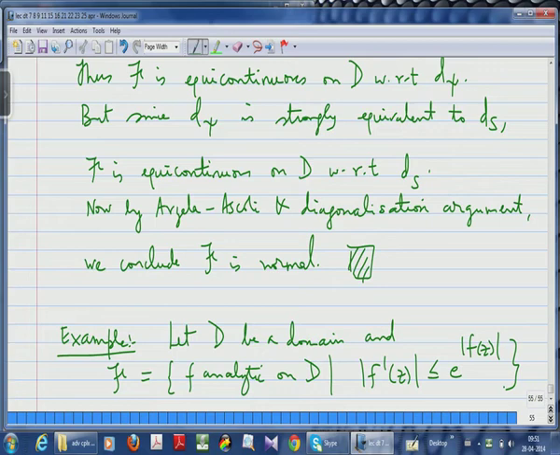Now this family is normal, because here e power mod f is the function e power t, and e power t is of course a smooth, increasing function of t for t greater than or equal to 0, and you can apply Royden's theorem.